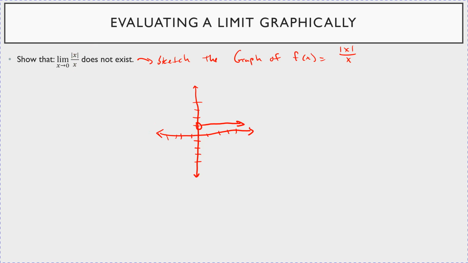So you would just get -1. And look, as x goes to 0 from below, it looks like it's going towards -1. And as x goes to 0 from above, it looks like it's going towards 1. They're not going to the same place. So the one-sided limits do not agree.